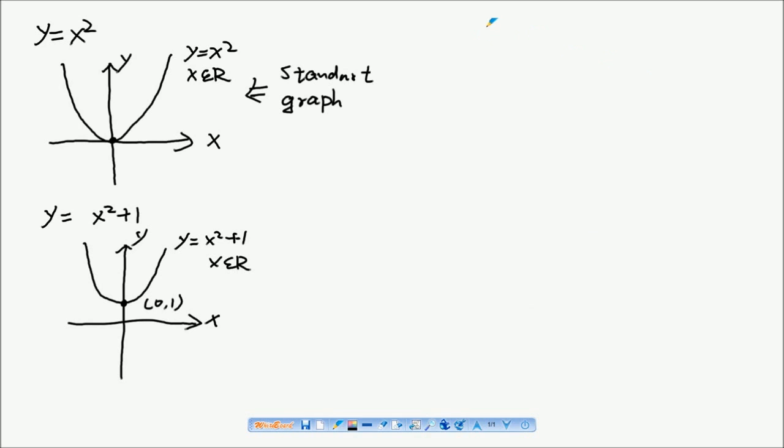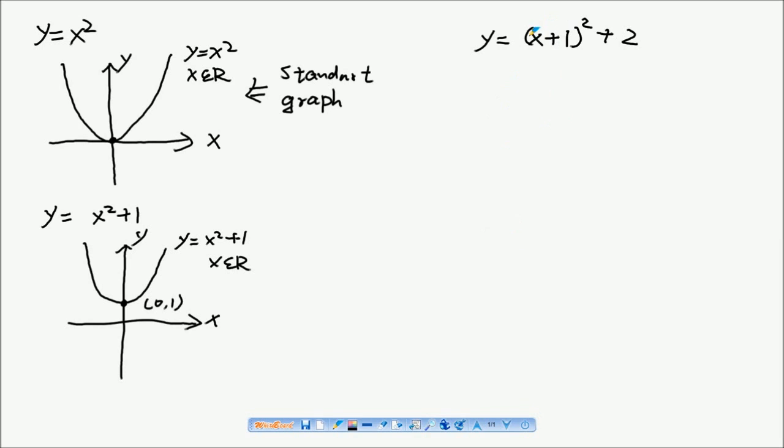Also, if I have a graph like (x plus 1) squared plus, say, 2 this time, in this case the graph will translate 2 units up and 1 unit to the left. Why? Because you can try it on your calculator.